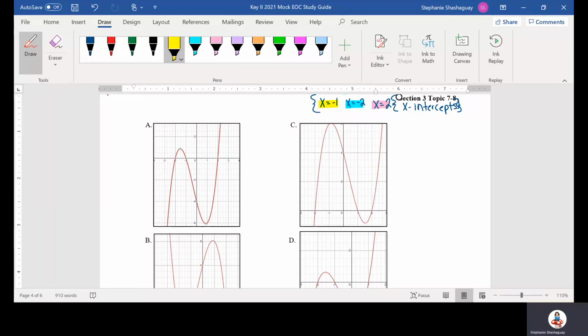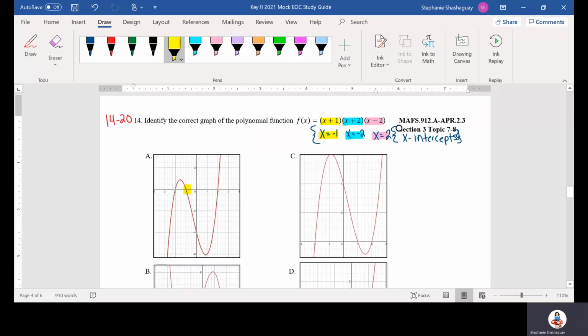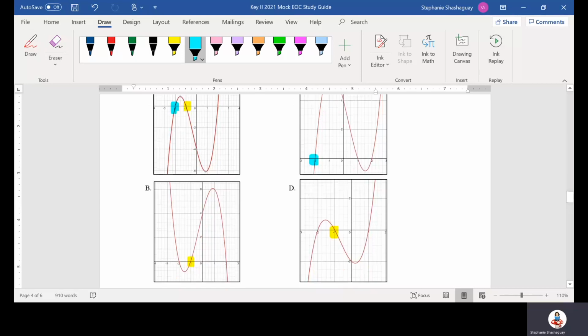So negative 1, negative 1, negative 1, okay. X equals negative 2. Well, here I have a negative 2, here I have a negative 2, negative 2, and negative 2.